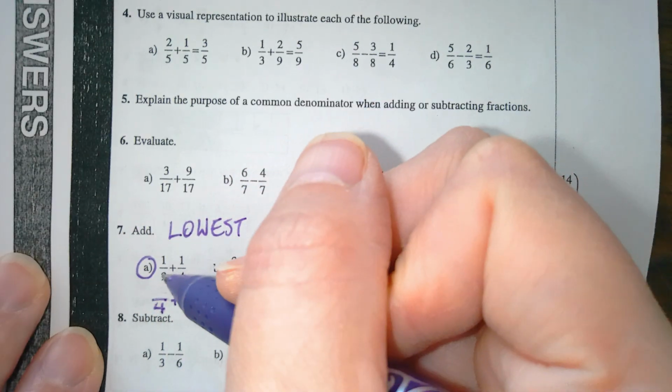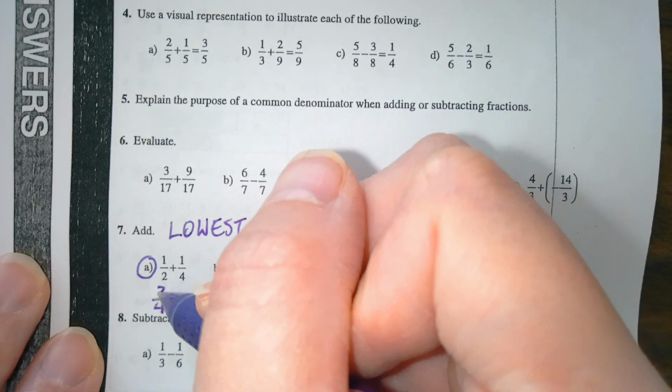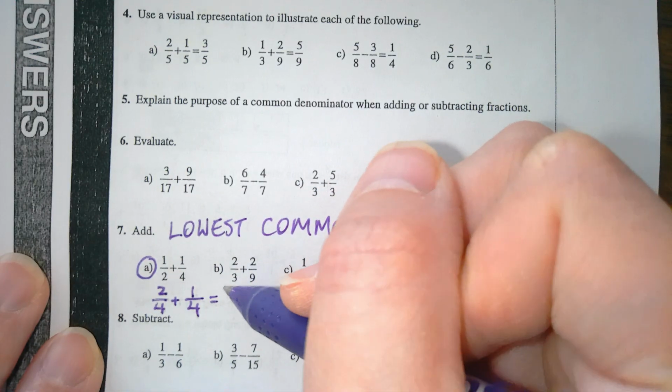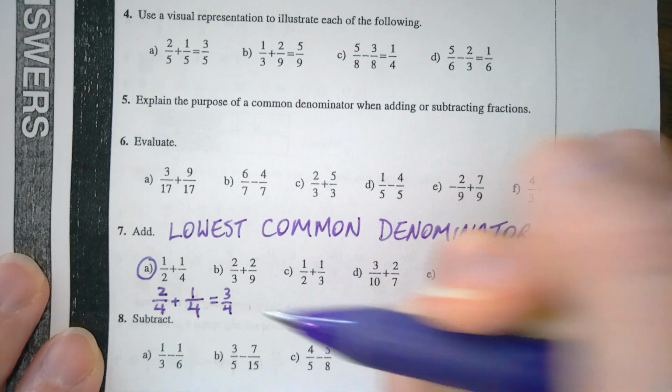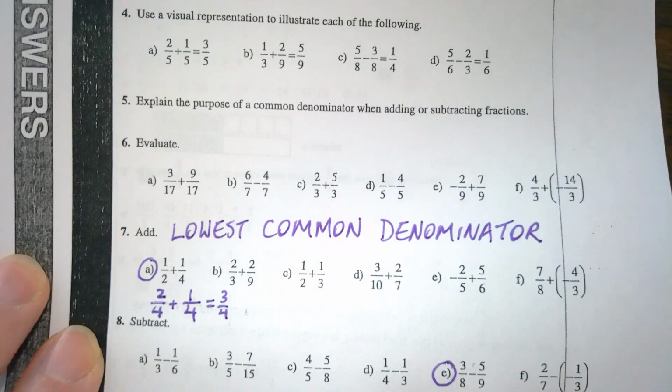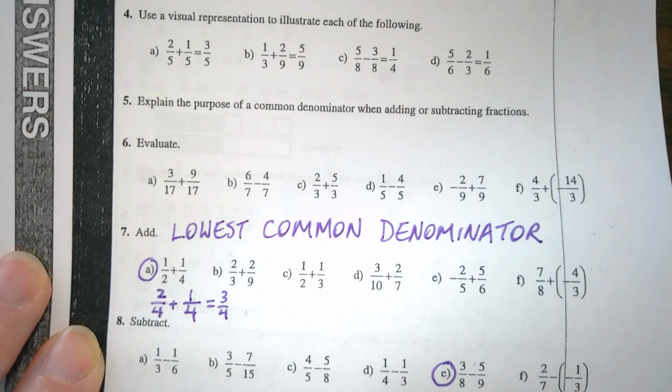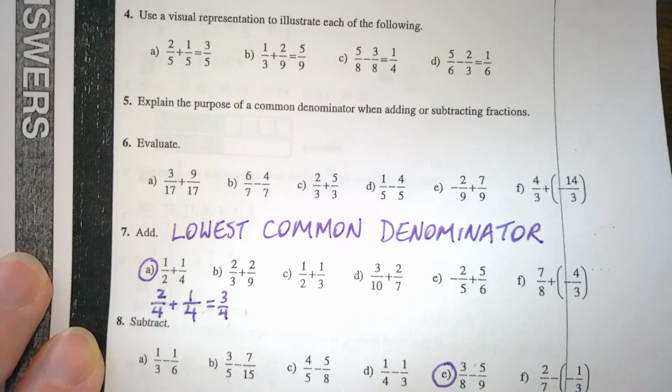So a half is the same as 2/4. So when you do 2/4 plus 1/4, you get the 3/4. Okay, so that's the logic of why a half a pizza plus a quarter of a pizza, you get 3/4 pizza. Okay, so those are the formal steps.